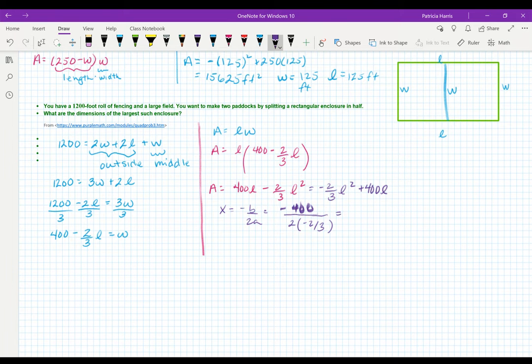That would be 300. So now I know that my x value, or the length, has a vertex at 300 feet.